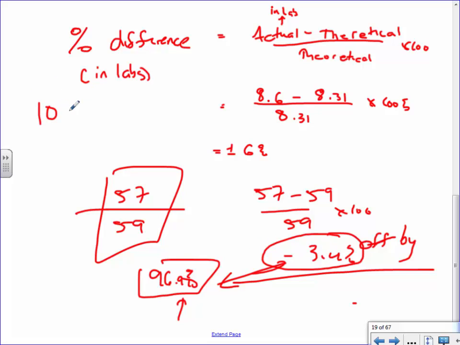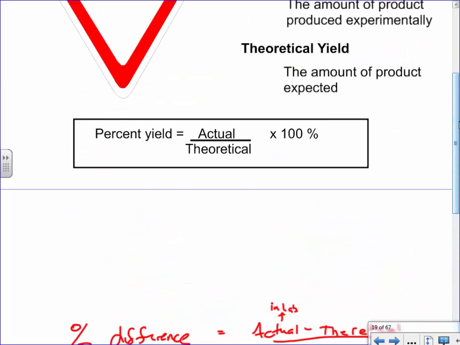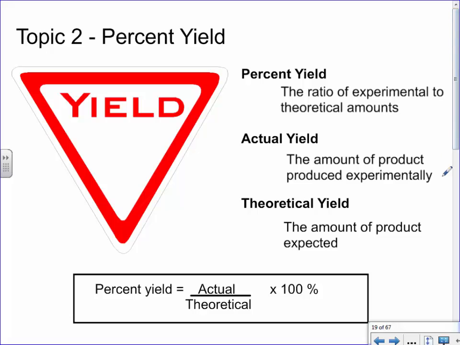If somehow you could get 103%, then you were off by plus 3%. So percent difference is how much you're off by. Percent yield is basically a traditional percentage. So all you got to do is figure out what you actually got, what you should have got, and divide them by each other. Now, in a lab setting, we've been working so far just on this.